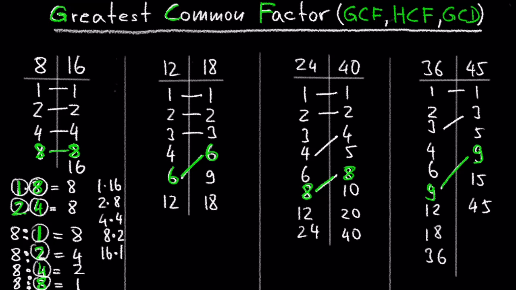And the third step is to choose the greatest common factor of all common factors. That will be then your greatest common factor, also called the GCF. In my next video, I'll show you the prime factorization method to find the greatest common factor of two numbers.